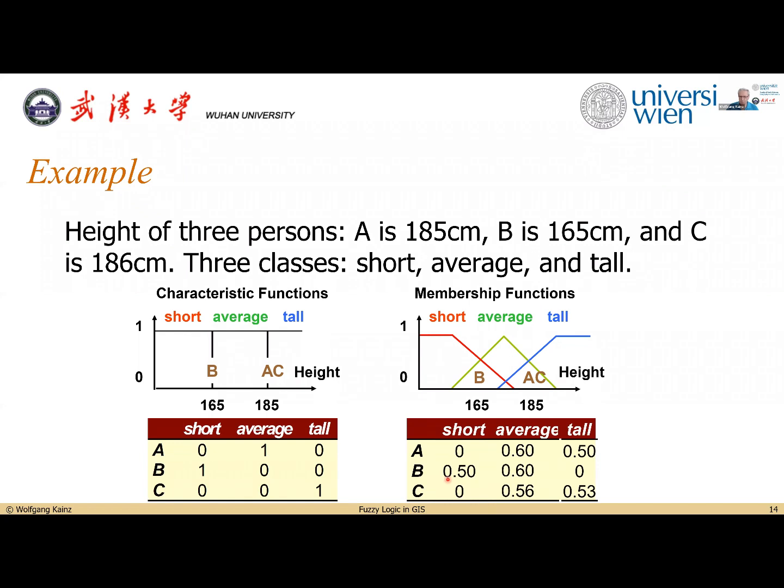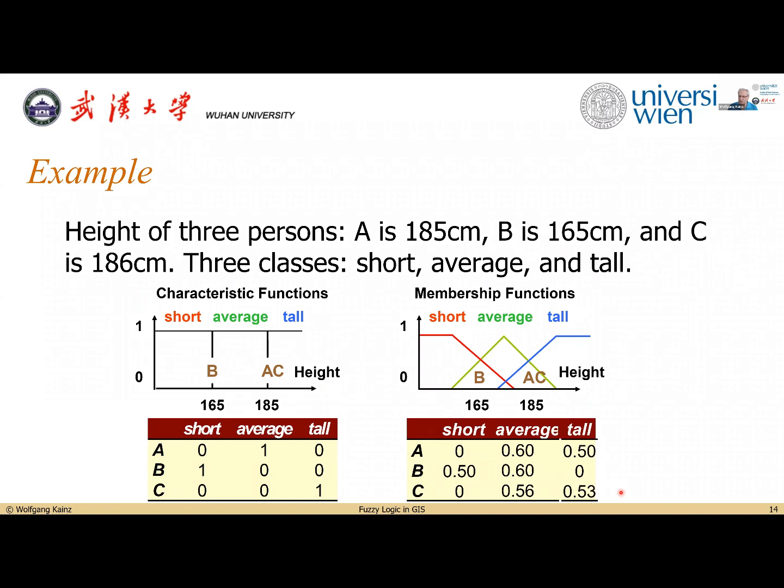Or person B is rather average than short, and person C is also rather average than tall. Also, there is nearly no difference. So what you can see from that is that the approach using fuzziness, using fuzzy sets defined by a membership function, gives us a much better way to express this vagueness or these transition zones from one class to the other.